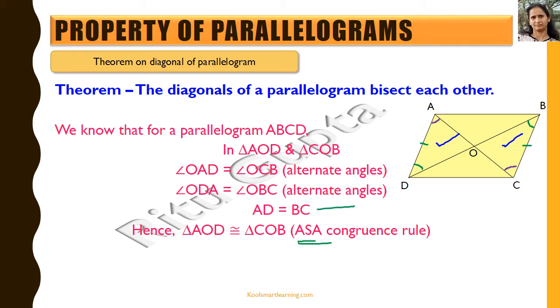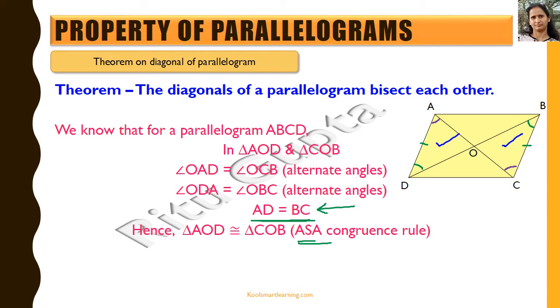Now, the basic definition of a parallelogram does not state that AD is equal to BC, but in another session, where we talk about the properties of a parallelogram related to its sides and angles, we will see that the opposite sides are also equal. So AD is equal to BC. We'll see how we reach that conclusion based on a theorem.